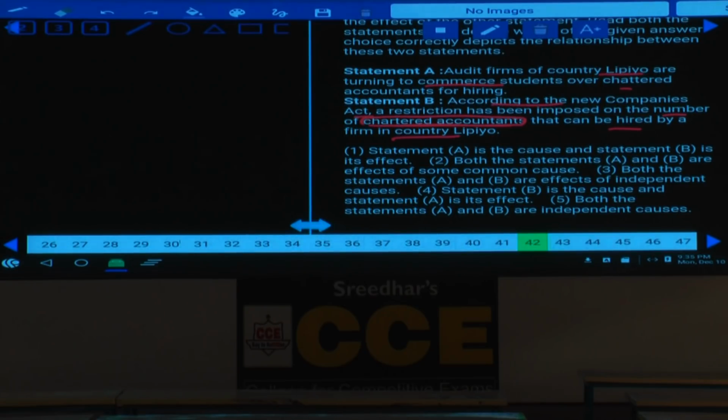Because there is a restriction regarding chartered accountants, and a firm should not hire more than some X number of chartered accountants. But as they need staff, these chartered accountants are being replaced by the commerce students. Clear now? Hence, what is the cause here? B is the cause and A is the effect. As B is the cause and A is its effect, choice 4 is the answer. Question number 42, it is choice 4.